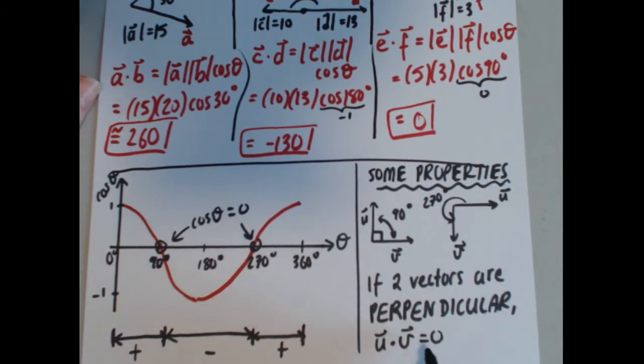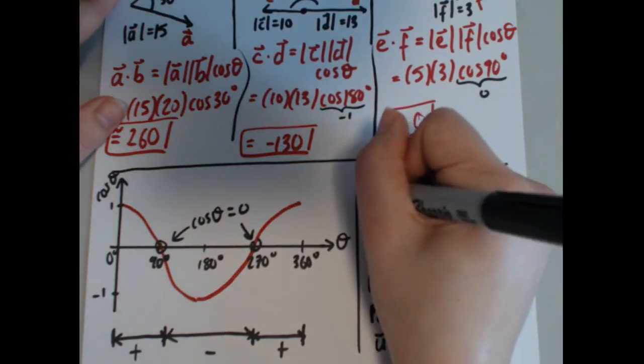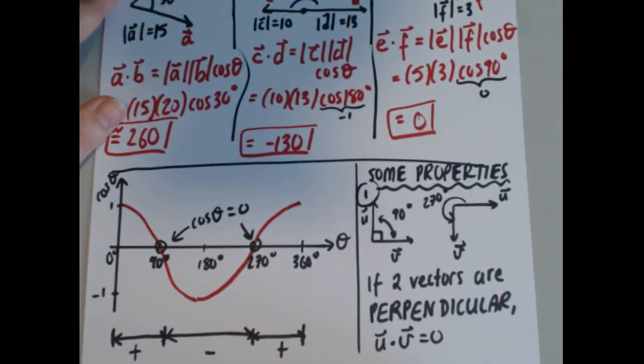And this works in reverse too. If u dot v is 0, therefore you know that the two vectors are perpendicular. So this is the first property.